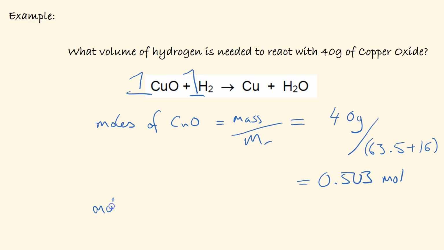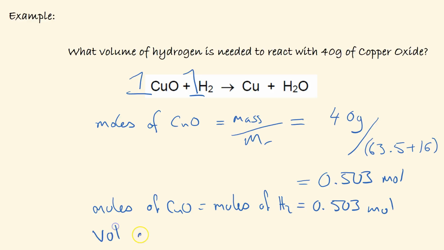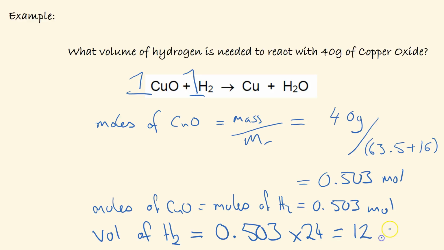So therefore the moles of copper oxide is equal to the moles of hydrogen, which is equal to 0.503 mole, and therefore the volume of hydrogen gas is equal to 0.503 multiplied by 24, giving us 12.08 decimeters cubed of hydrogen gas, or 12,000 centimeters cubed of hydrogen gas.